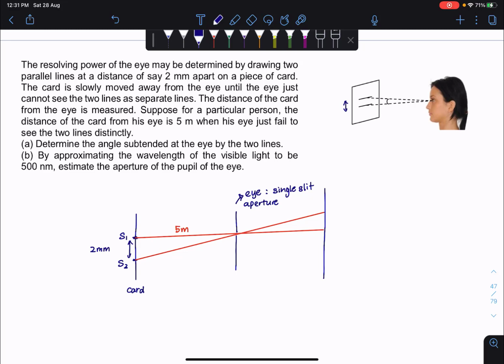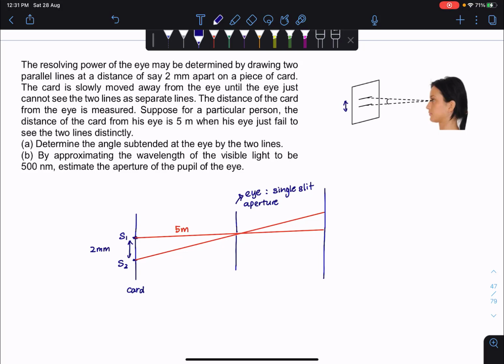Now the question tells me that the distance of the card from the eye is such that the eye just fails to see the two lines distinctly. So it's at the point where it satisfies the Rayleigh criterion. Just fail to see the two lines distinctly is the same as just able to resolve the two lines.